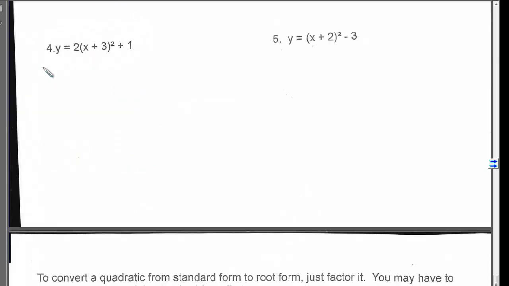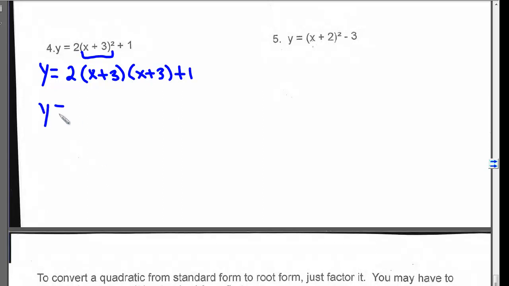Number 4. We have y equals 2 times (x plus 3) squared plus 1. So that is 2 times (x plus 3) times (x plus 3) plus 1. This is a perfect square trinomial.